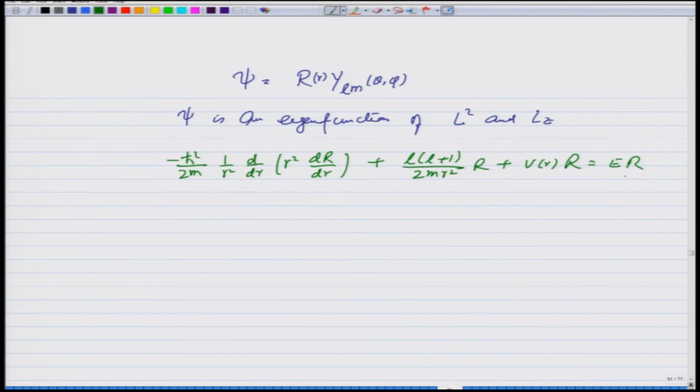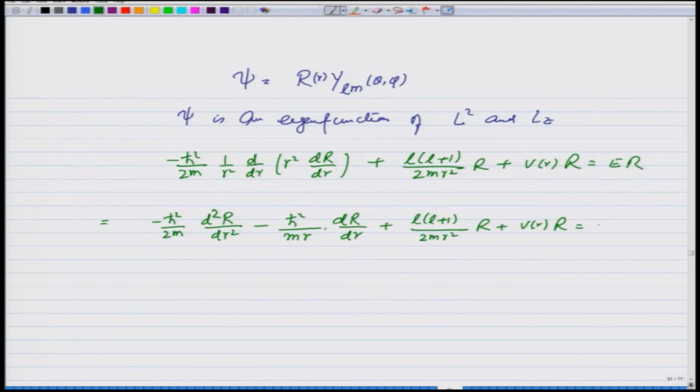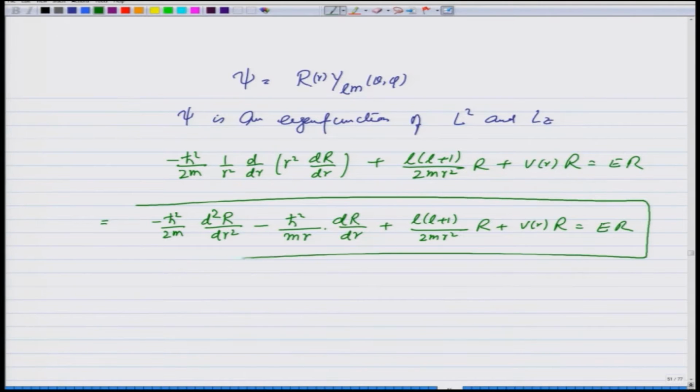This can be written further as minus ħ² over 2m d²R over dr², minus ħ² over m r dR over dr, plus l(l+1)ħ² over 2mr² R, plus V(r) R equals E R, when you expand this.